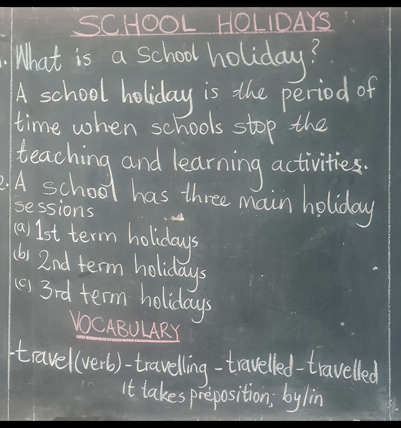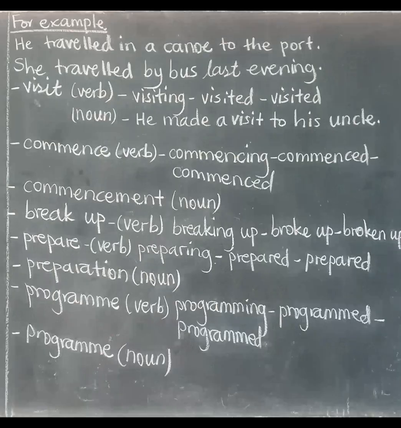Travel as a verb, when used in a sentence, takes the preposition by or in, depending on how you've constructed the sentence. For instance, he traveled in a canoe to the port.